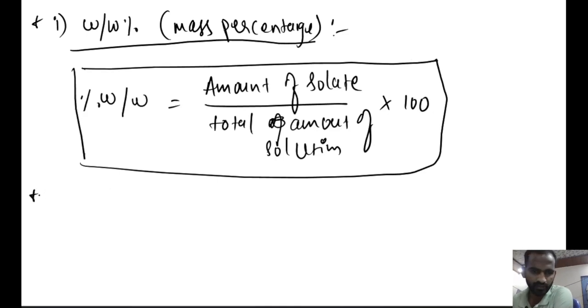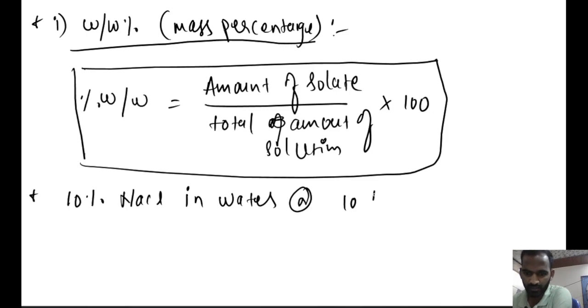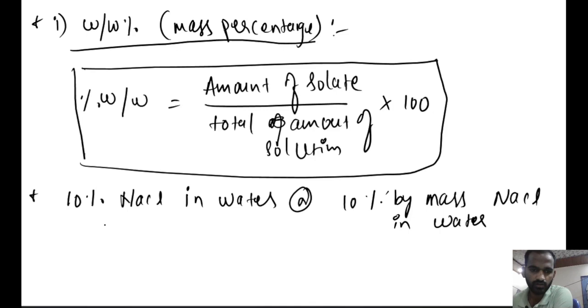In a question, how they will give it: they will give simply 10% NaCl in water, or they will also give it like this, 10% by mass NaCl in water. Okay, so we will face statements like this while doing questions.